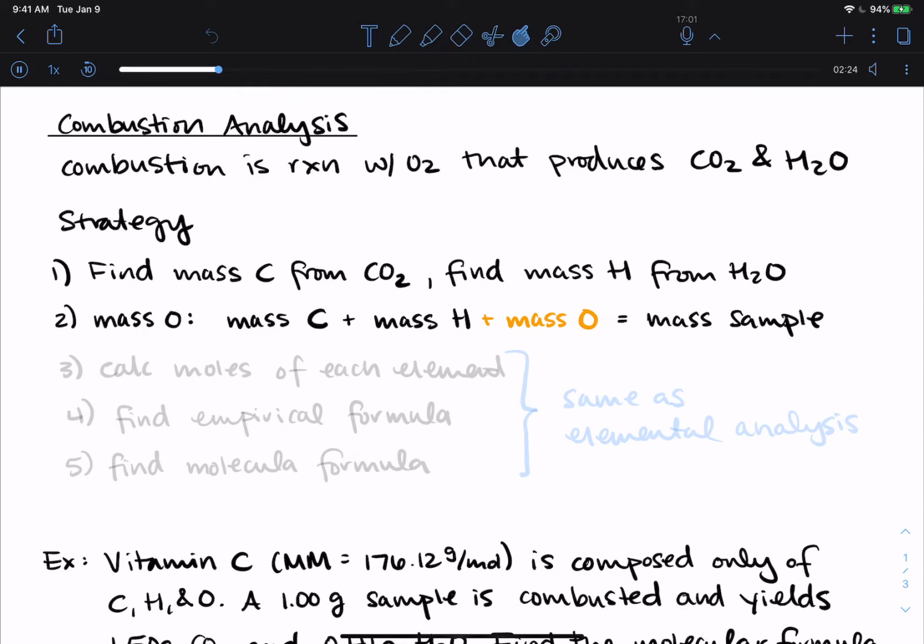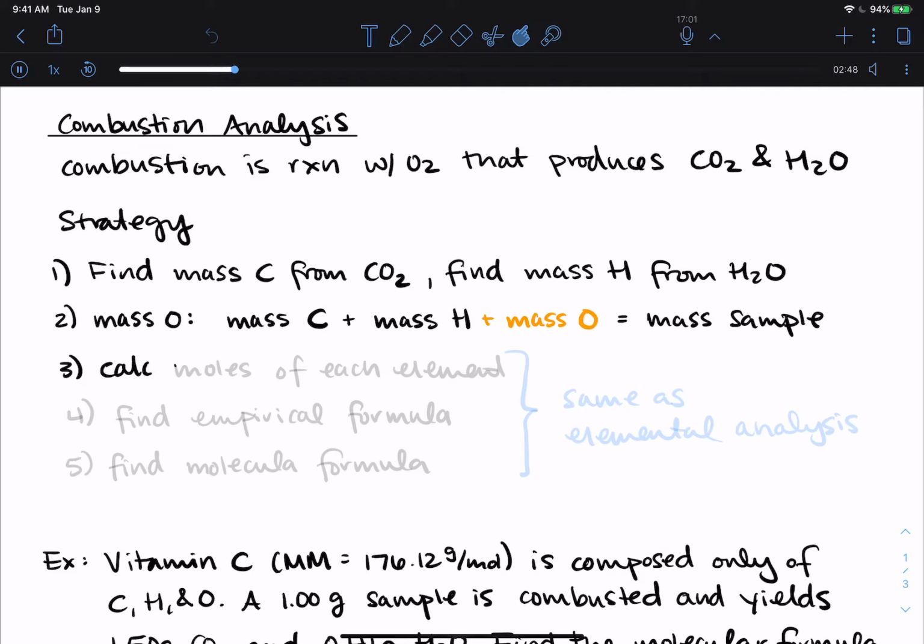So now we've got everything with just one unknown. All we have to do is a little bit of addition and subtraction, and we'll have the mass of oxygen. The next three steps in our strategy will look really familiar because they will be exactly the same as elemental analysis. So we have grams of every element after steps 1 and 2.